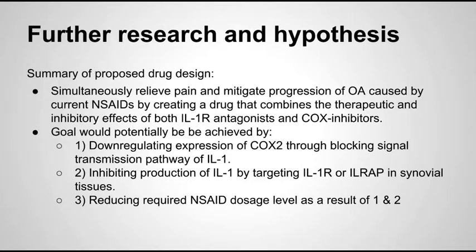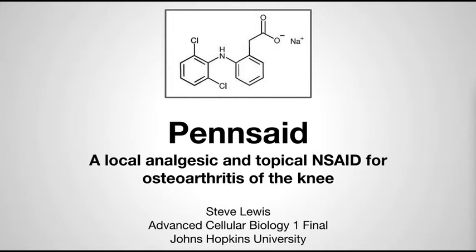Overall, I think it's a really interesting time to be looking into improving NSAIDs, in particular with osteoarthritis. It's my belief that drugs should never make the condition that they aim to treat worse. And that's exactly what Pennsaid and other NSAIDs do in terms of osteoarthritis.